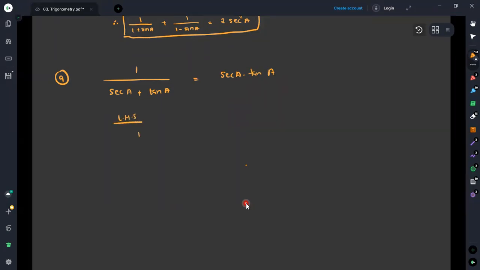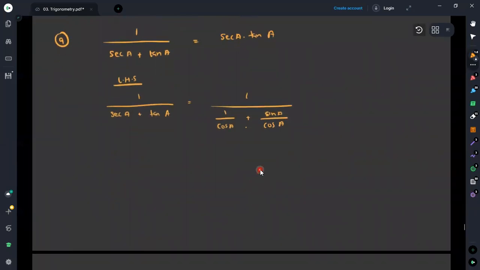I will have the quantity, it is sec A plus tan A, then 1 divided by sec A. In the sense we can take it as 1 over cosine A, and tangent A can be taken as sine A divided by cosine A.